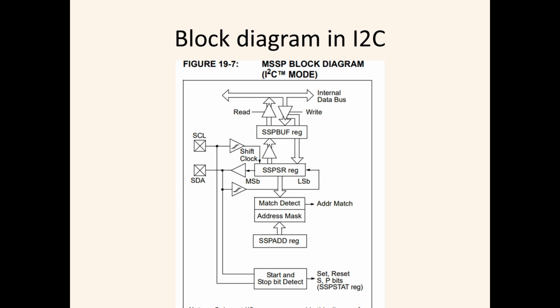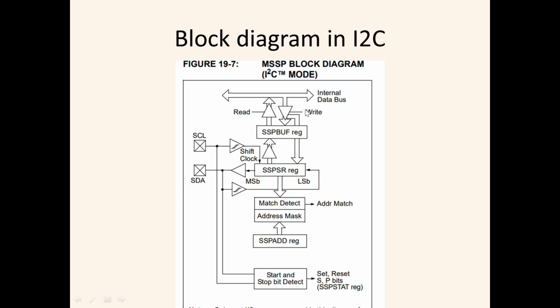When MSSP is configured as a master, the lower 7 bits of the SSPADD register act like a baud rate. This baud rate will be the rate of communication between your master and slave, and that can be loaded in the form of some values.